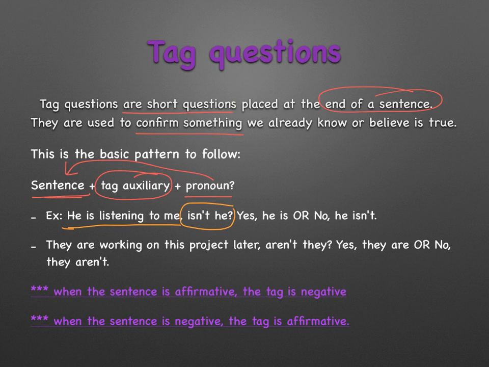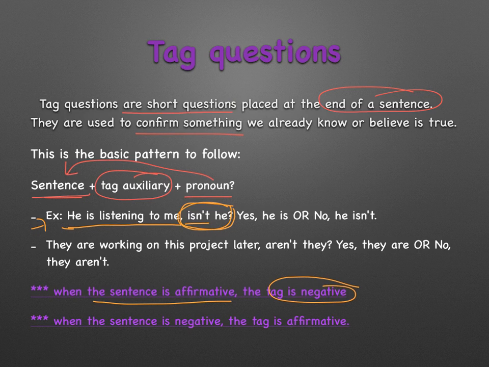That's my tag question. I have to remember that when the sentence is affirmative, like in this example, then the tag here is negative. He is listening to me, isn't he? And it's better to use the contracted form.